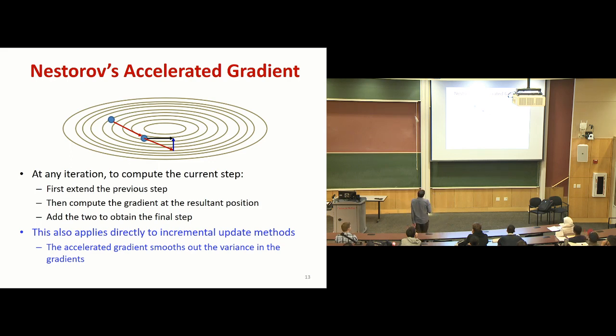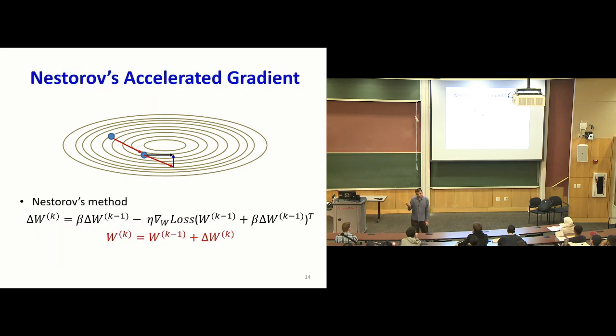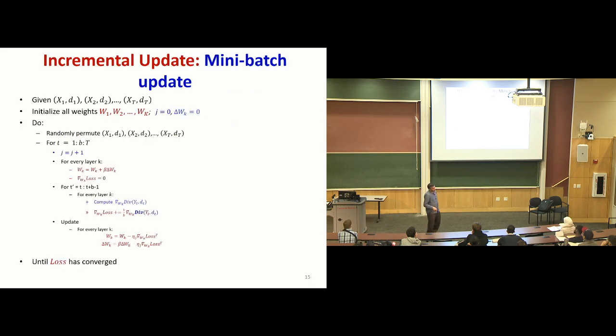But this too applies to incremental methods. In all cases, so here was the Nesterov's accelerated gradient. You compute the derivative at the new spot and then add that to the running average of the step, right? And the pseudocode, I'll skip this.